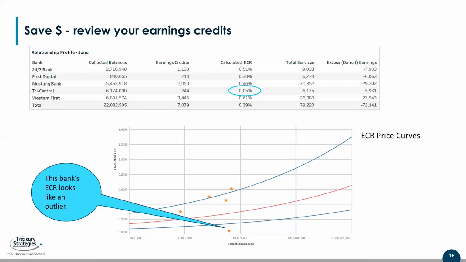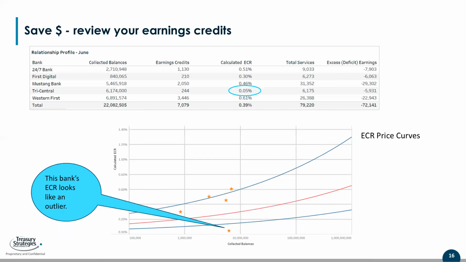Here are the 5 stars plotted on the ECR price curve for my 5 banks. And look at that one little lonely star down there at the bottom that represents Tri-Central Bank, where my calculated ECR is 0.05%. How paltry, right? So maybe I should just get these balances out of here.